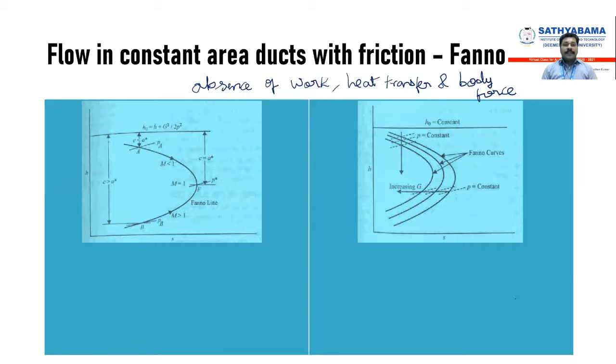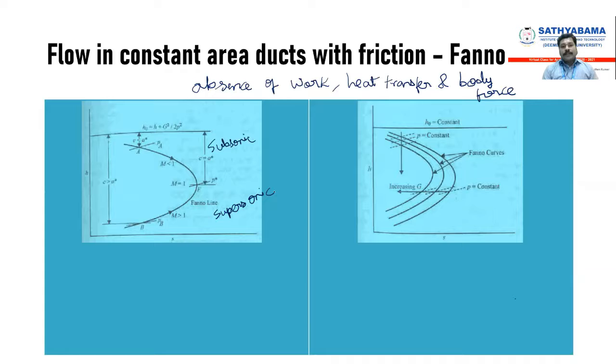On the left hand side and the right hand side, we will have the Fanno flow variation. On the left hand side we understood the concepts, and afterwards we will go to the right hand side. You have the subsonic region and the supersonic region.